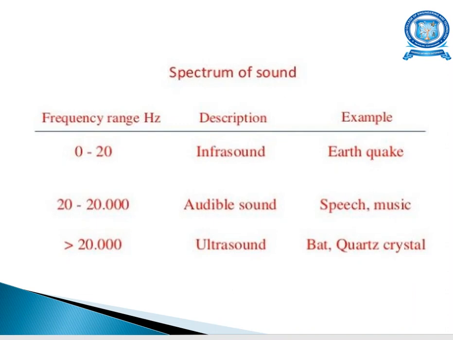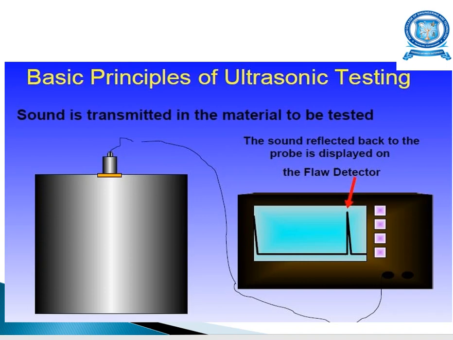The frequency range from 20 to 20,000 hertz is audible sound; examples are speech and music. A frequency greater than 20,000 hertz is called ultrasound; examples are a bat and a quartz crystal.